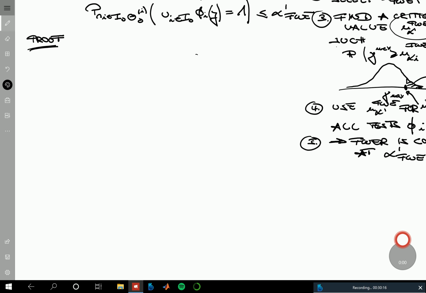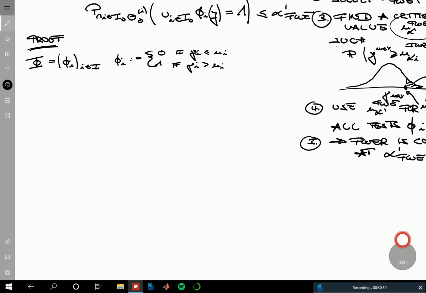So we assume that we have our test phi, which comprises all our phi_i. I'm just saying the obvious. phi_i takes on the value 0 if the test statistic i is smaller or equal to u_i, and 1 if the test statistic i is larger than u_i.